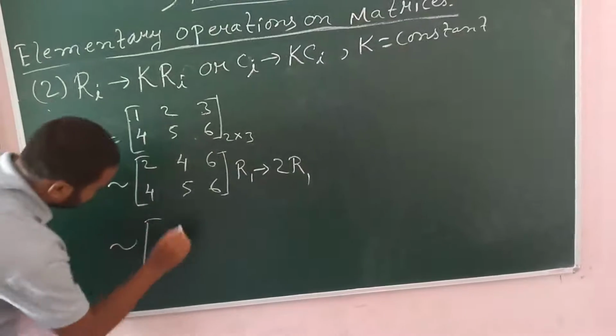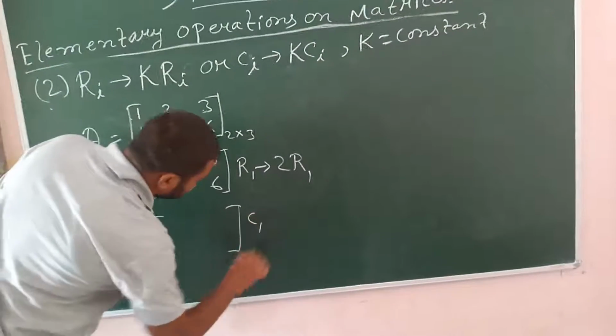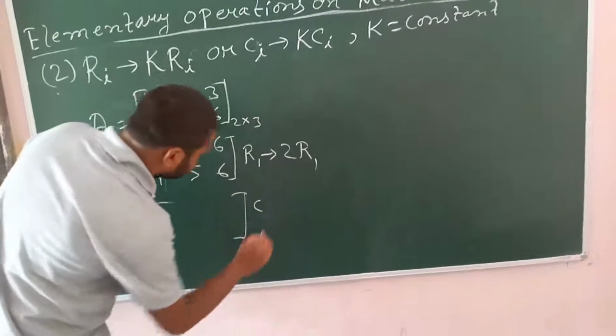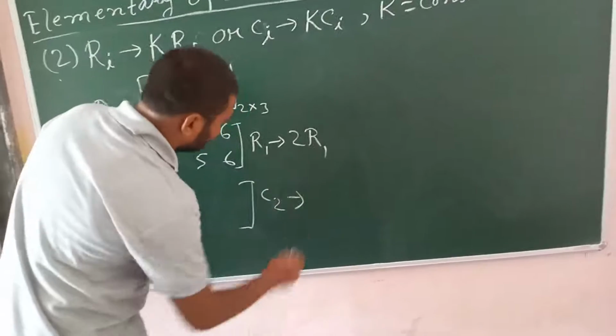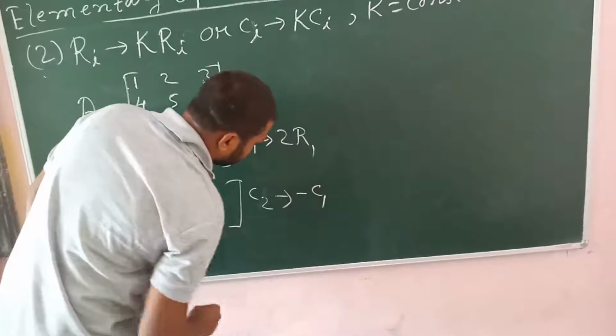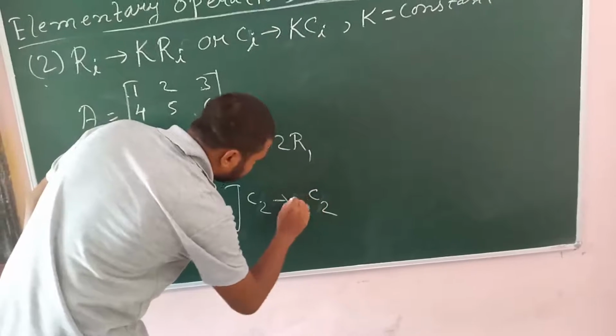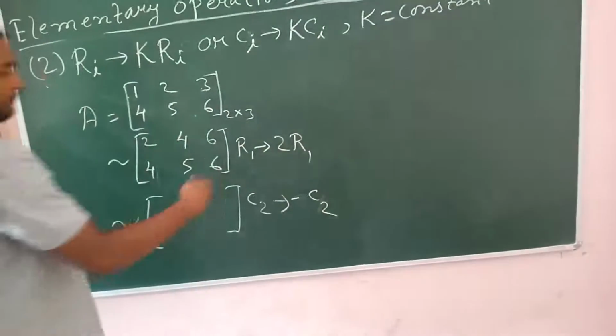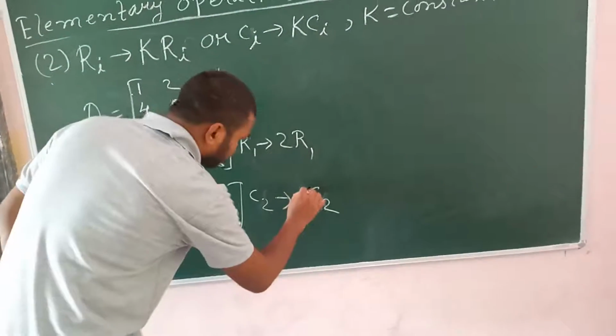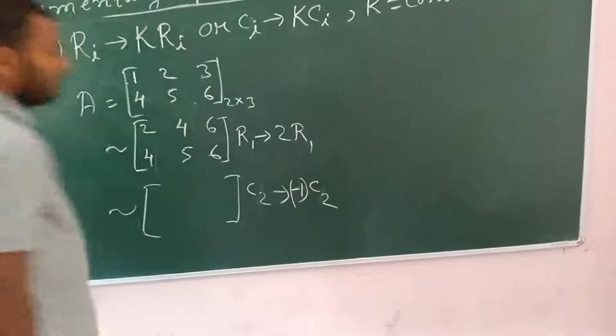Or in the same matrix, suppose I multiply column 2 by minus 1, that is minus 1 into column 2.